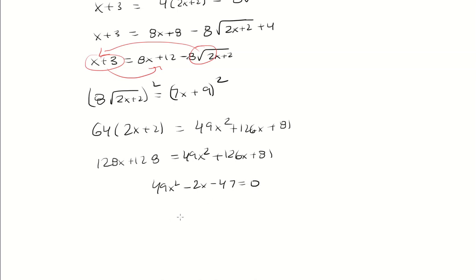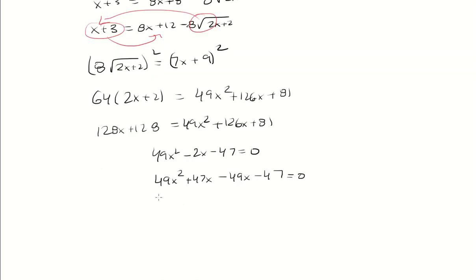Now this looks very challenging to factor, but notice that if I were to subtract 47 with 49, I get negative 2. So why don't I rewrite this as plus 47x minus 49x minus 47. And then from here, I can factor out an x for the first two.